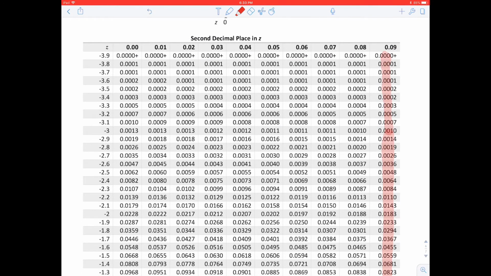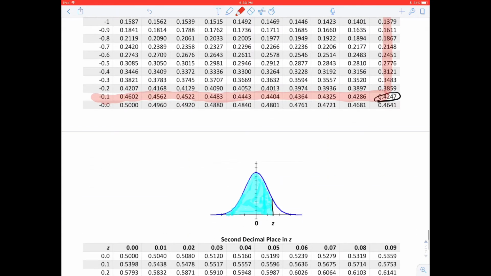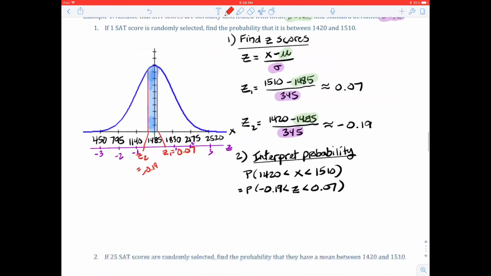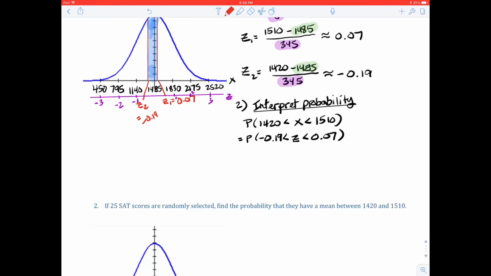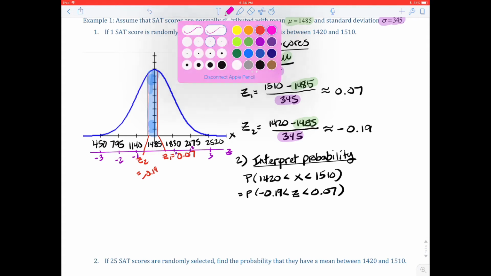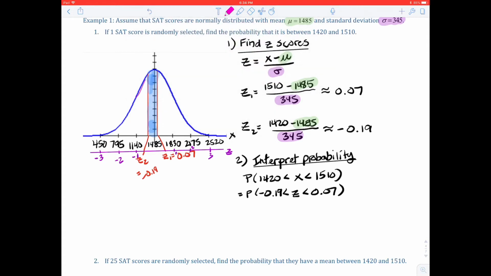So I know the Z value is negative 0.19, and I got the corresponding area region, which is this one here, 0.4247. Cool? So right here, that 0.4247 is all of this pink area right here, right? Because remember that it's cumulative to the left of the boundary point, right?